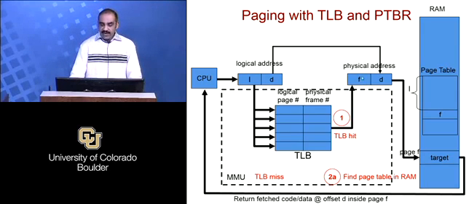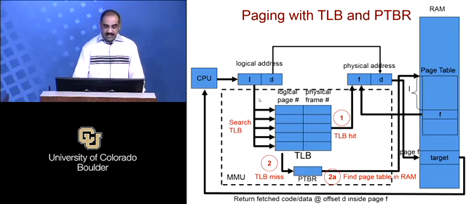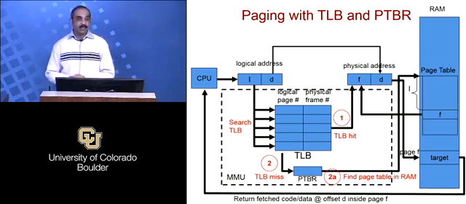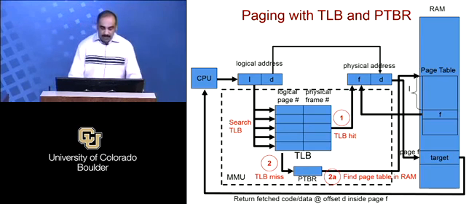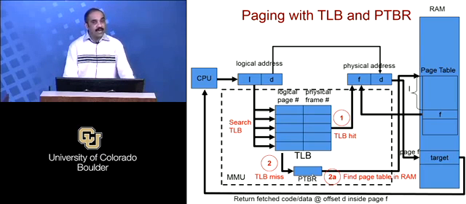If you get a hit, you do that. However, you can get a miss, which means that you do the parallel search but you don't find the entry here. In that case, there is a register called the PTBR, the page table base register. What the page table base register stores is the address of the page table in memory.